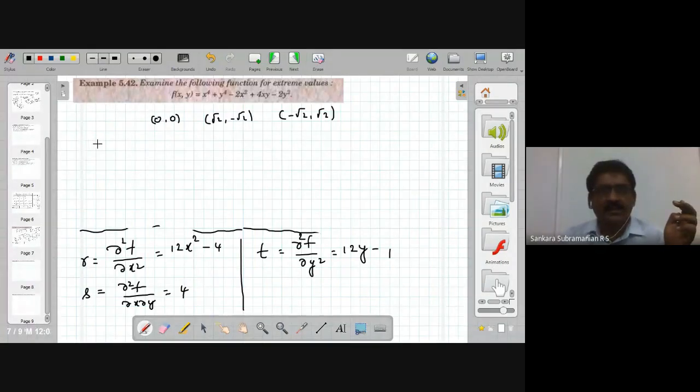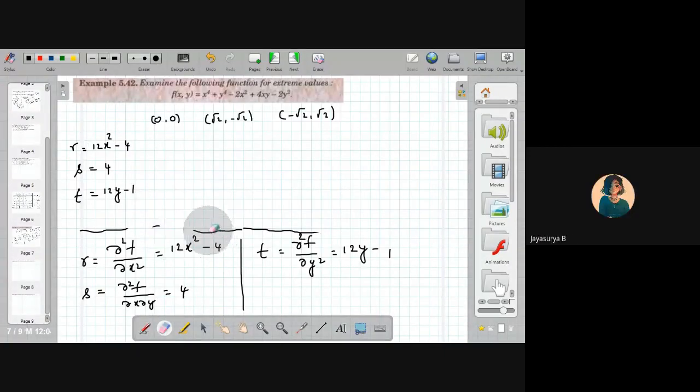And here you have R. This is 12 times of the input x square minus 4. S is a constant, independent of x and y, whatever it is, right? And t is also, this is 12 times of y square minus 4.